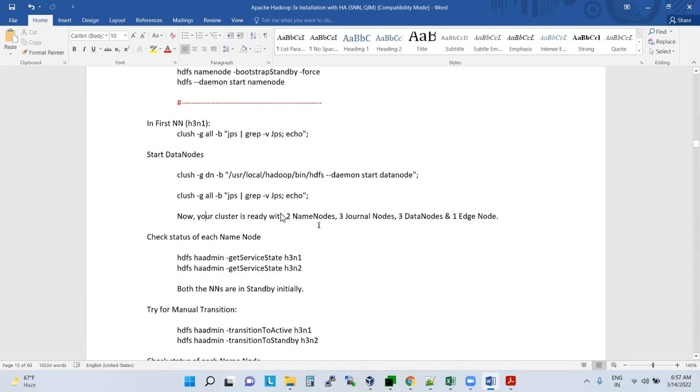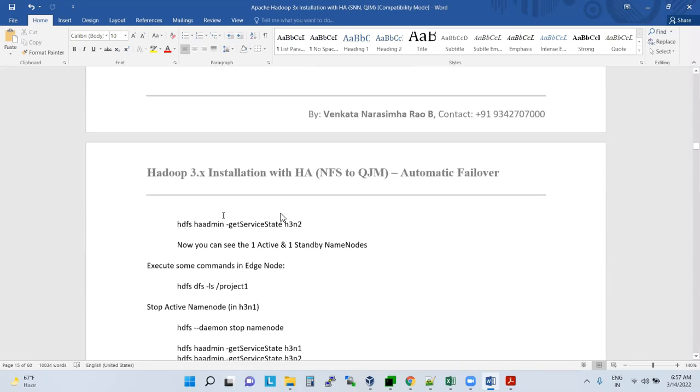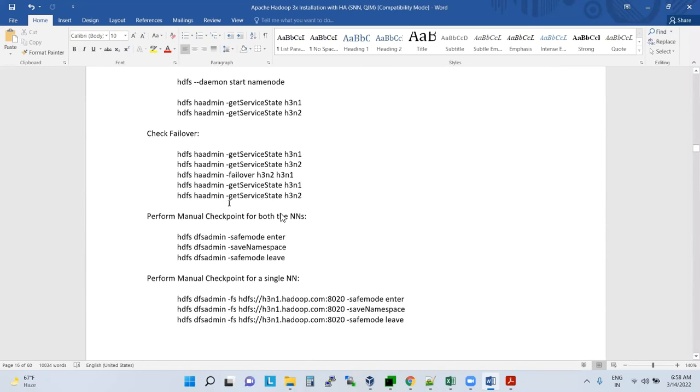Okay, so we did this one. Now your cluster is ready with the two name nodes. Otherwise, what I will do, I will stop everything and start everything at once.